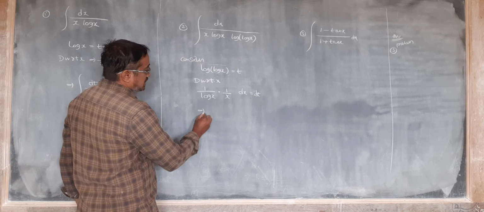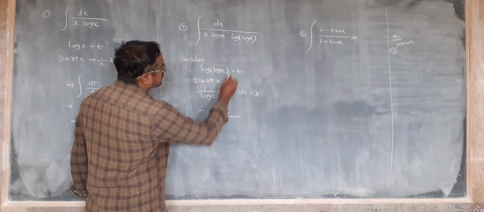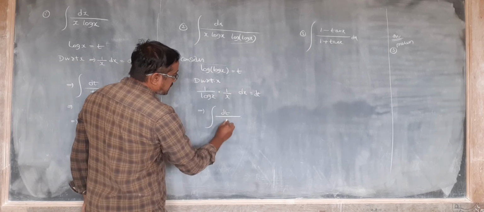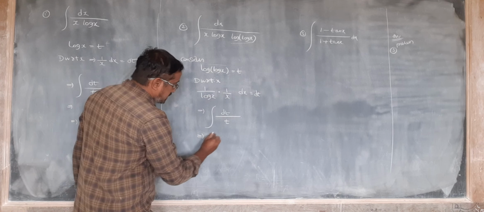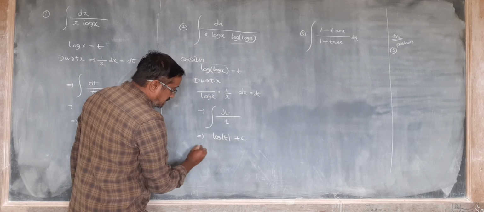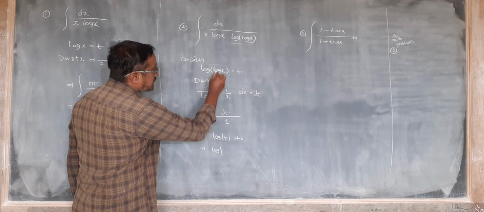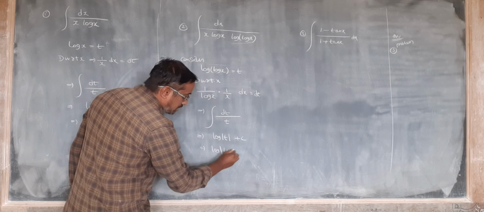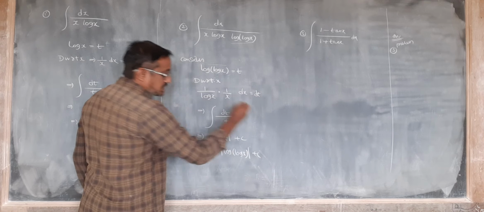So the given integral will be of the form integral dt by t. What is the result here? Log mod t plus c. Again log mod t, where t is log of log x. Important problem. Plus c.